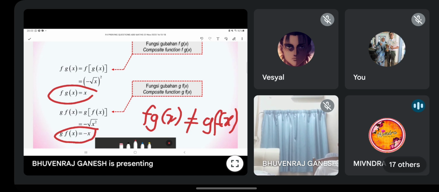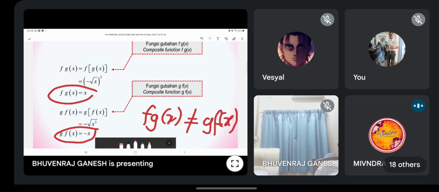So fg(x): dalam soalan diberi f(x) is x square and g(x) is negative punca x. Kalau kita masukkan g(x) dalam f(x), x square tu maksudnya negative surd x kurungan square. Negative surd x darab dengan negative surd x dapatlah x.